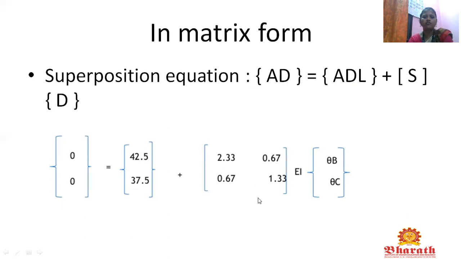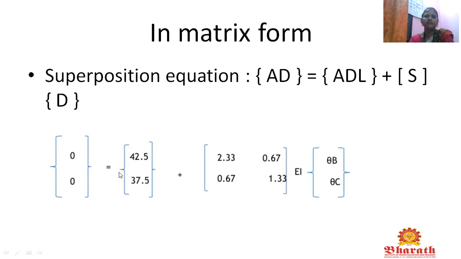Whatever four values we got for the stiffness matrix in the previous steps, we substitute: 2.33, 0.67, 0.67, 1.33, into EI, into D. For the displacement we are considering two unknowns, theta B and theta C.